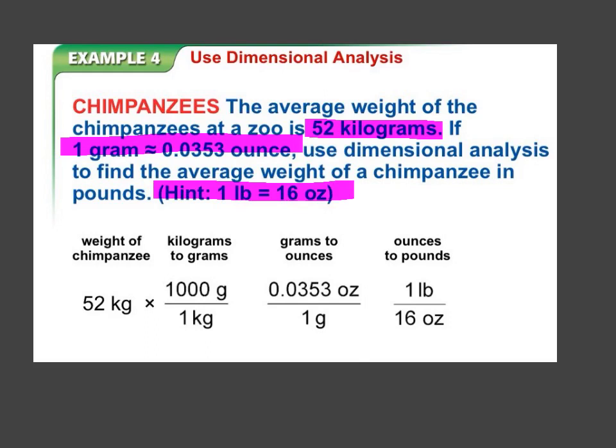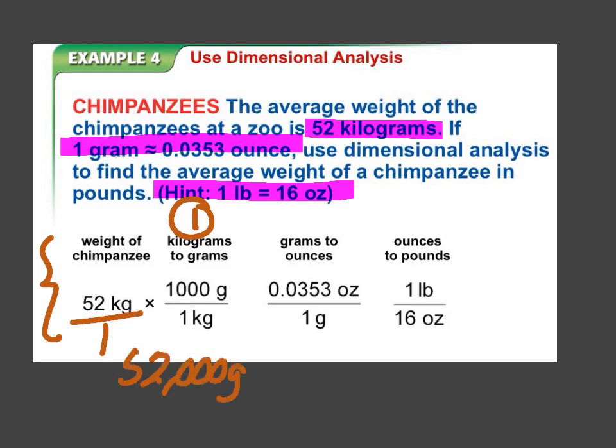Right here you start with the weight of your chimpanzee, and then you convert kilograms to grams. So you set up a fraction, and then you're going to multiply. So when you take your 52 times your 1,000, you get 52,000 grams.